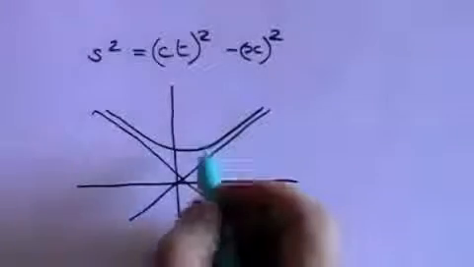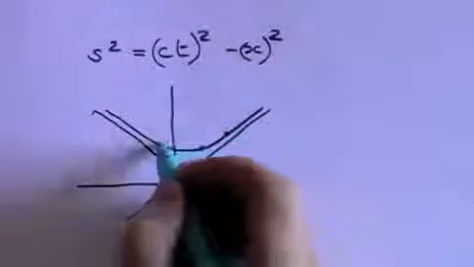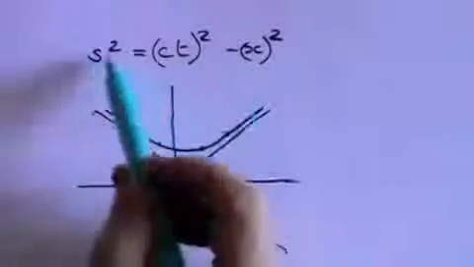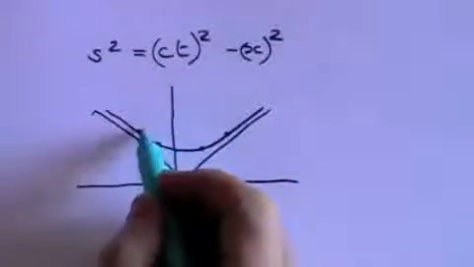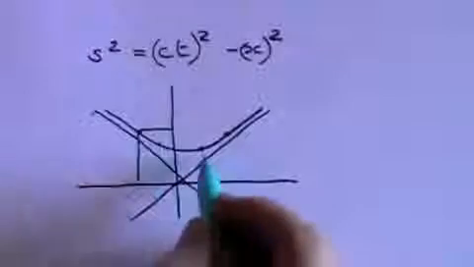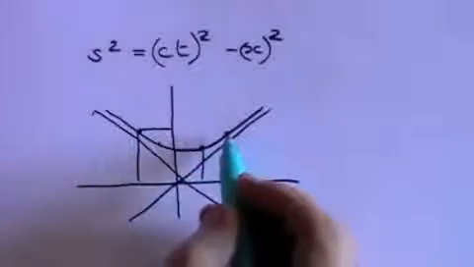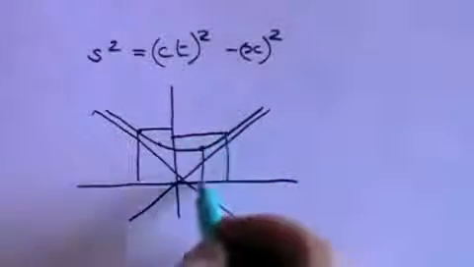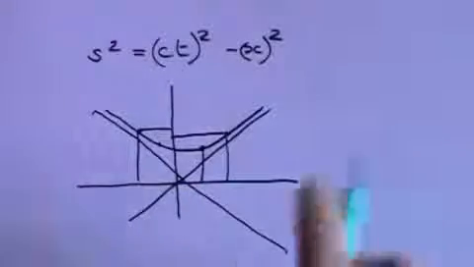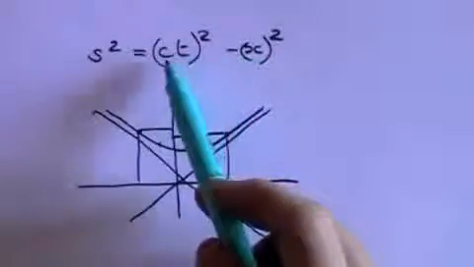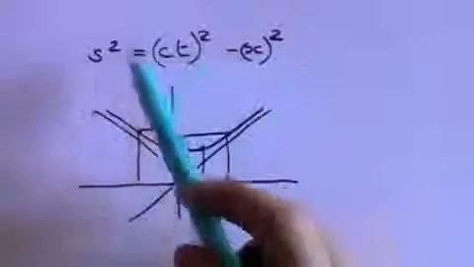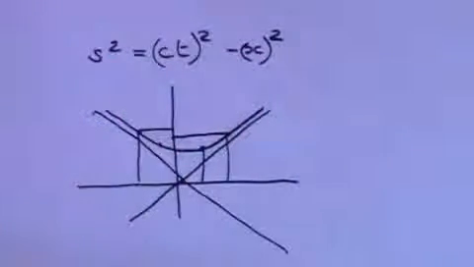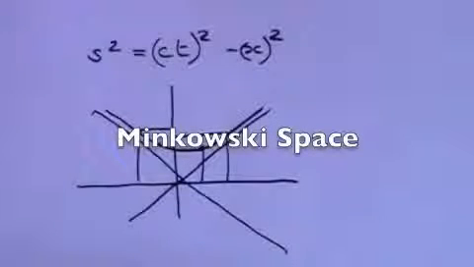And what it means is that any point on this hyperbola satisfies this equation. Different points will have different values of x and different values of t. But when you substitute them in this formula, you find that ct squared minus x squared always comes to a constant s squared. And that's a hyperbolic function, and it's also sometimes called Minkowski space.